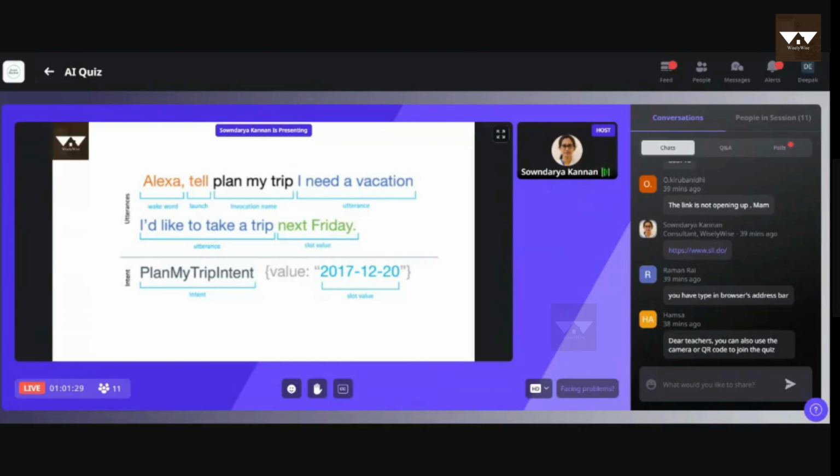I hope all of you have been using Alexa after our workshops, because all of you had the Alexa app installed on your mobile phones. So you might be using it on a day-to-day basis. You have read these three examples and understood what a wake word, launch word, invocation name, or slot name means.